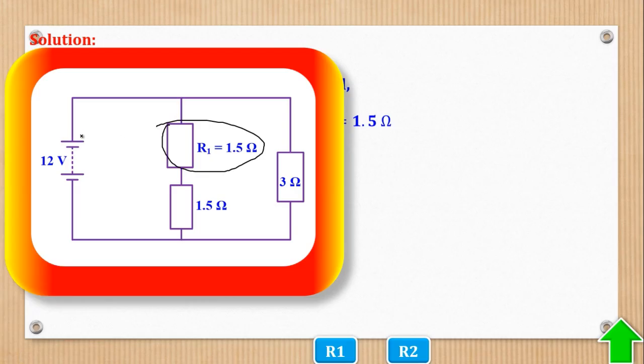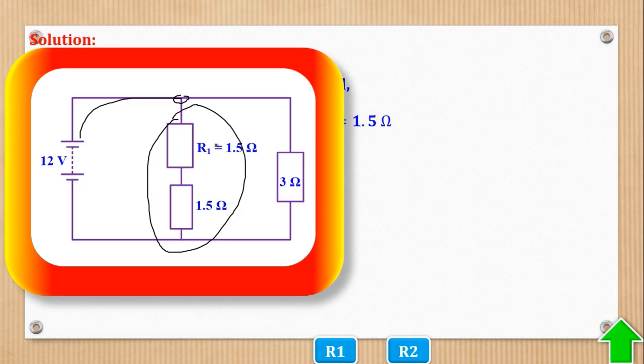Look, the next step is to look at where current last divided. So here, current last divided here. But what does that mean? It means that these two resistors are in parallel with this.